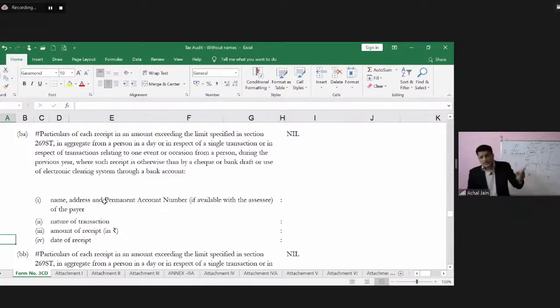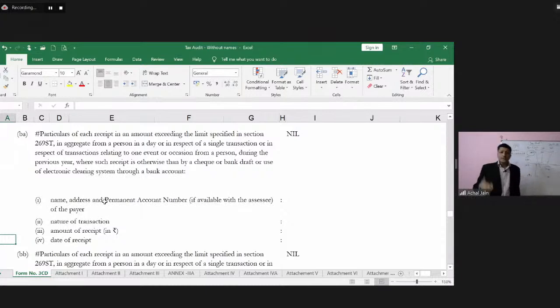Now it's a different section. 269ST in aggregate from a person in a day, or in respect of a single transaction, or in respect of transactions relating to one event or occasion from a person during the previous year, where such receipt is otherwise than by a check or bank draft or use of electronic clearing system through a bank account. Therein again, all of these particulars are required to be reported.